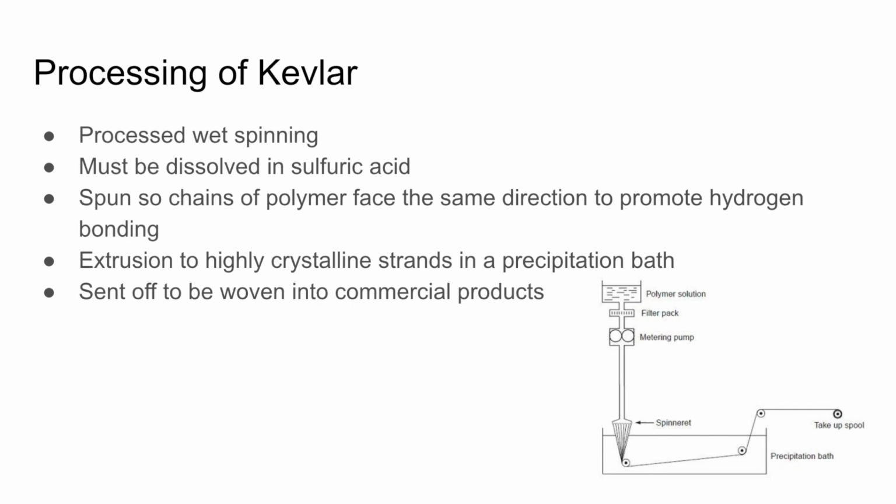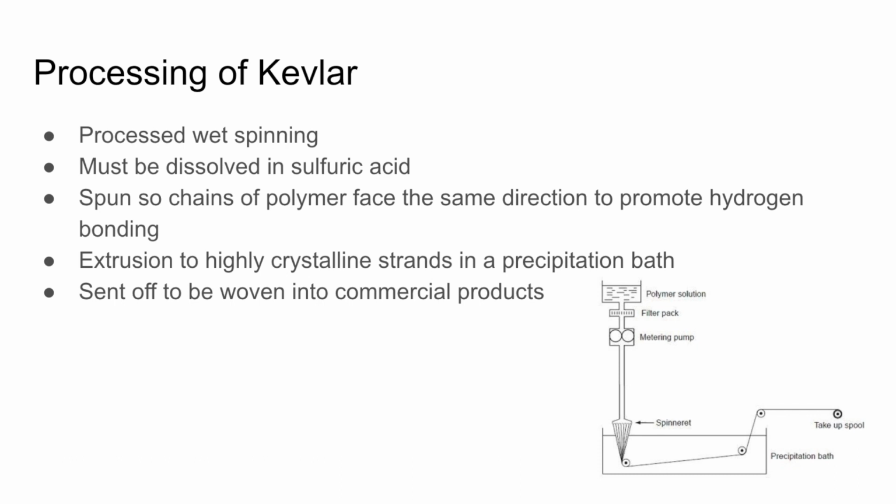That solution is pushed through a filter and then pumped out of a spinneret. Essentially, what the spinneret does is it extrudes long, thin strands of the Kevlar polymer. These extrusions are aligned in such a way that hydrogen bonding between the chains is promoted, giving a higher level of crystallinity and also strengthening it.